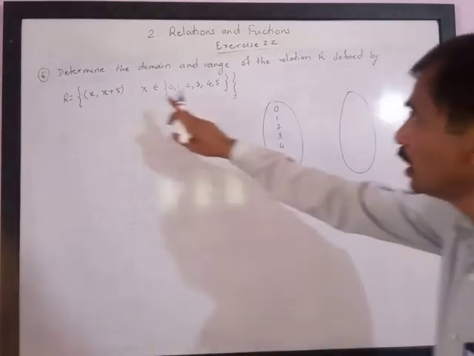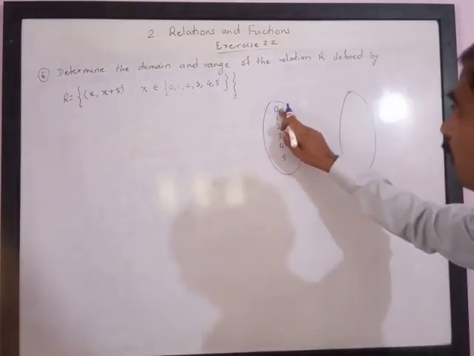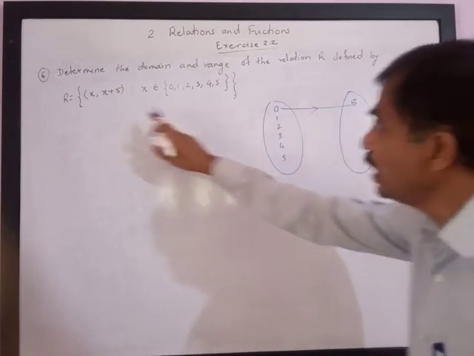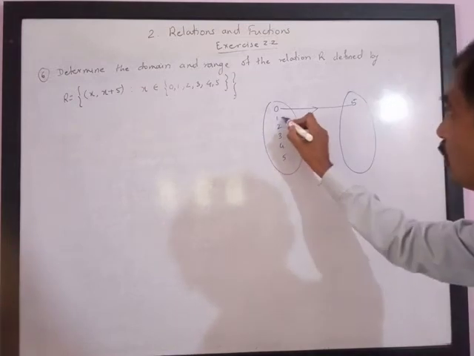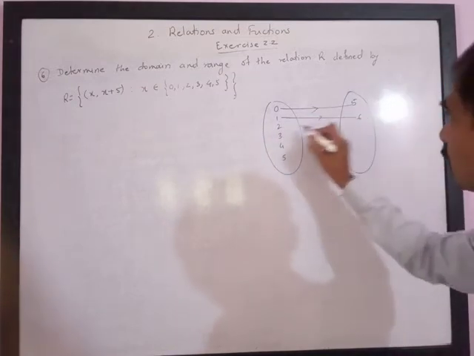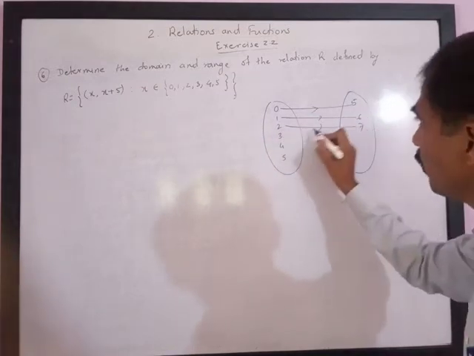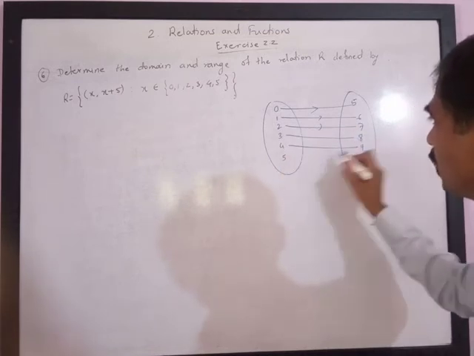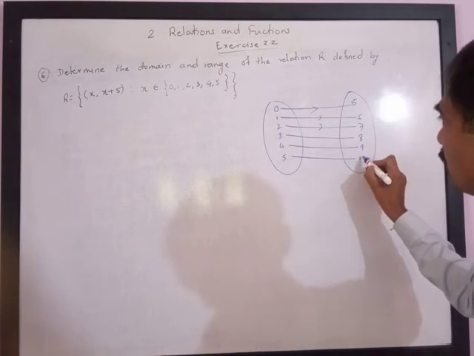It means the second element is 0 plus 5, 5, having a relation with this. Then 1 plus 5, 6, 2 plus 5, 7, 3 plus 5, 8, 4 plus 5, 9, 5 plus 5, 10.